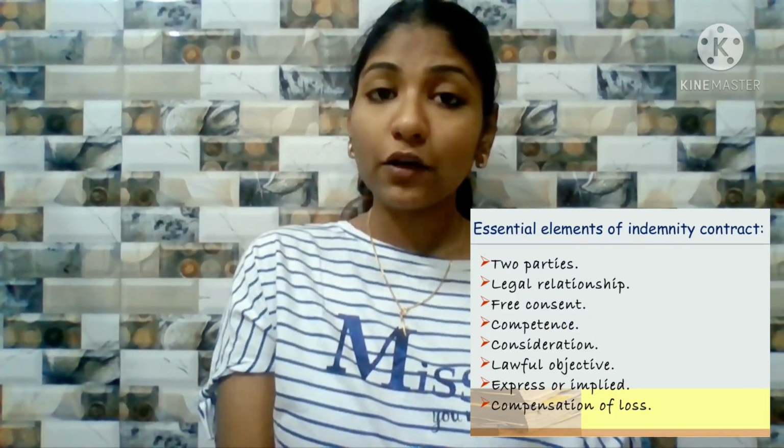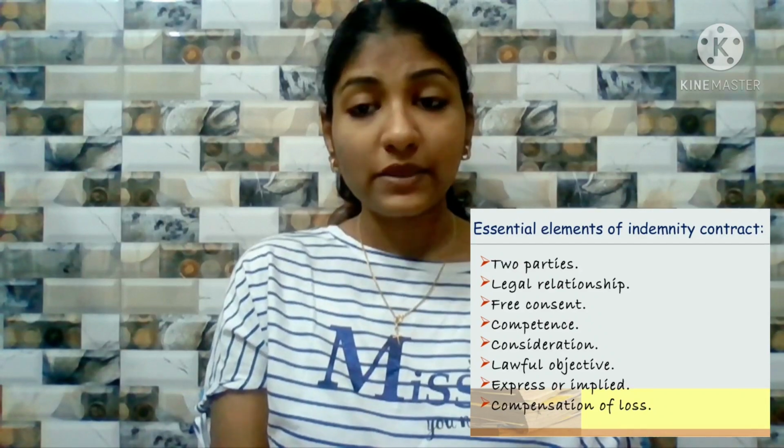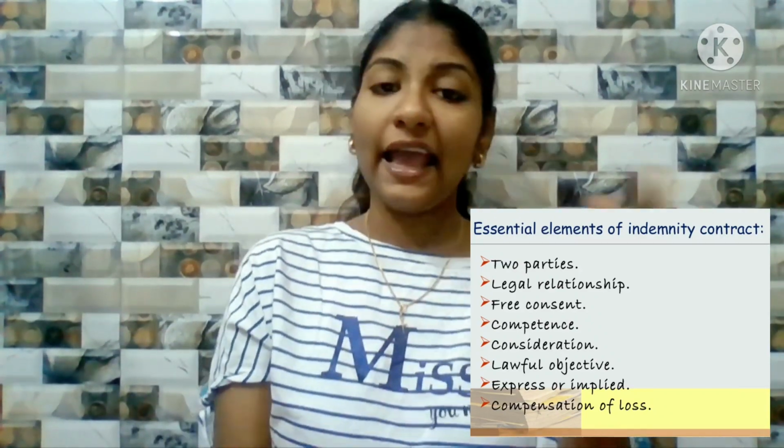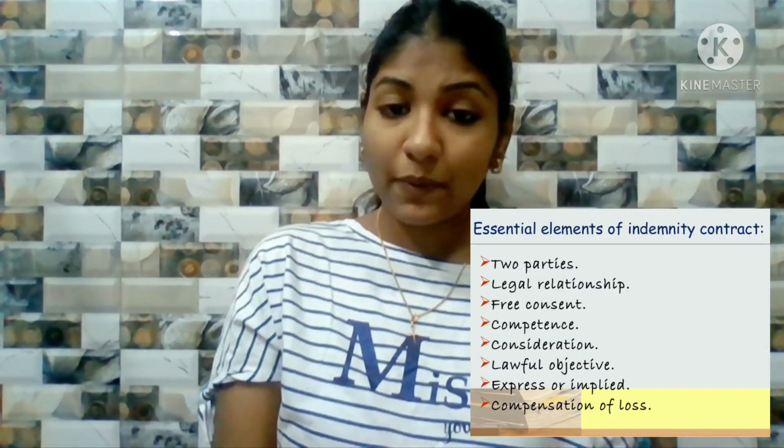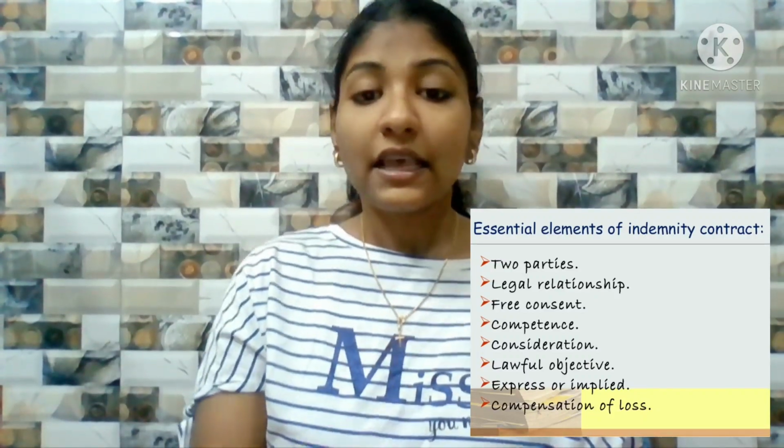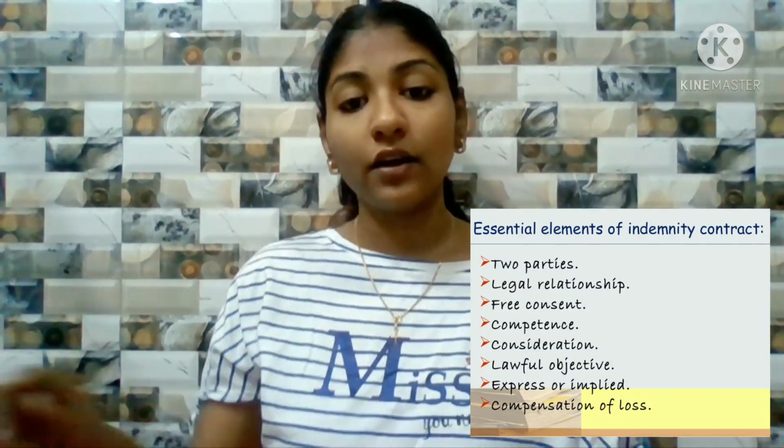The loss may be caused due to the conduct of the promisor or any other party. Third is expressed or implied. The contract of indemnity may be expressed, that is by words or in writing, or implied, that is inferred from the conduct of the parties or circumstances of the particular case.